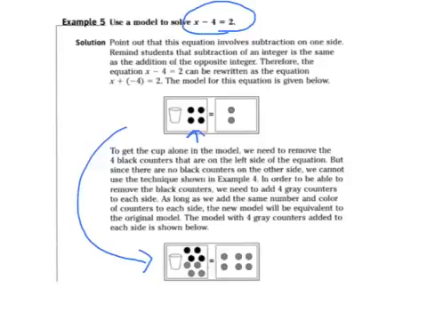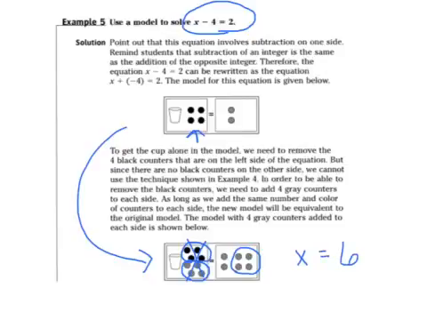Well, now I have added these 4 tiles to counteract these 4 black tiles, and now those cancel out. The thing to remember is whatever you do to one side, you have to do to the other. So since I added 4 gray tiles, I also have to add 4 gray tiles to the other side. Now I have just one x, and this time it's going to equal 6.